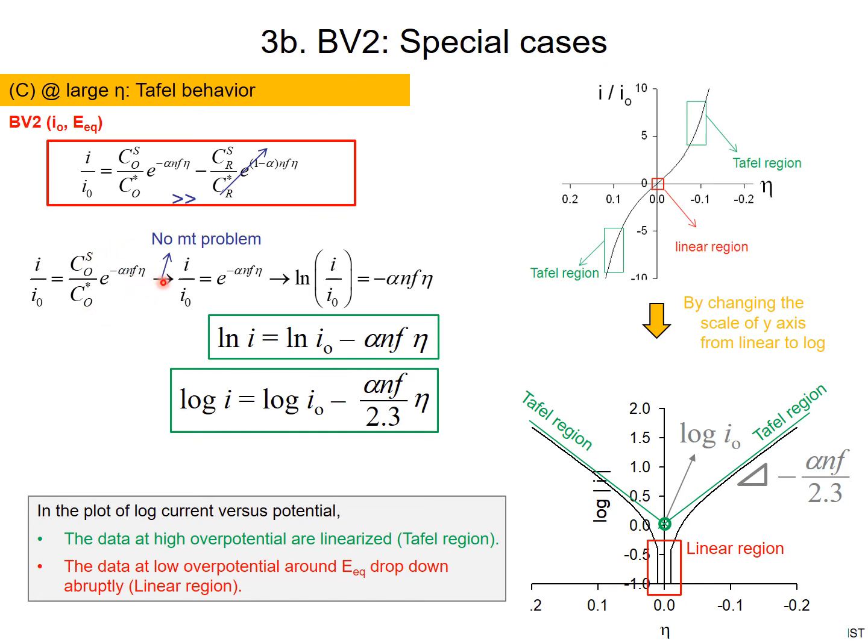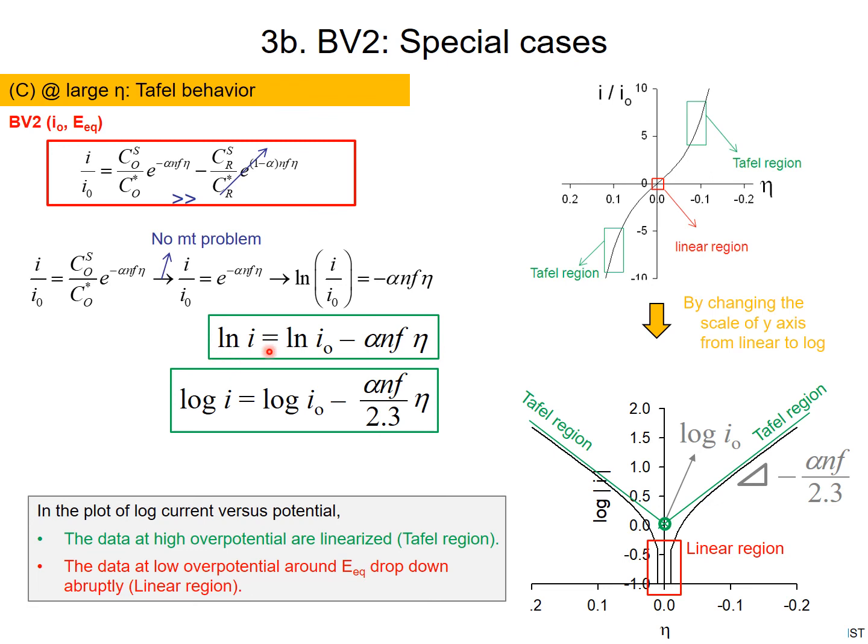If we have no mass transfer problem, then we could drop the term in front of the exponential function. Then, by taking the log function of both sides of the equation, the natural log of I per I0 is equal to minus alpha nF eta.